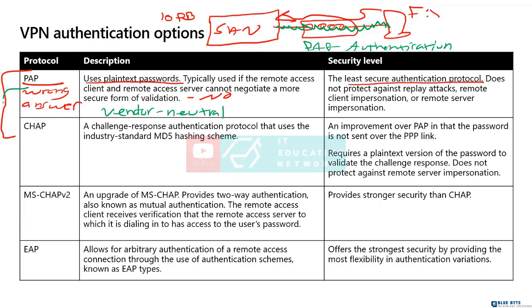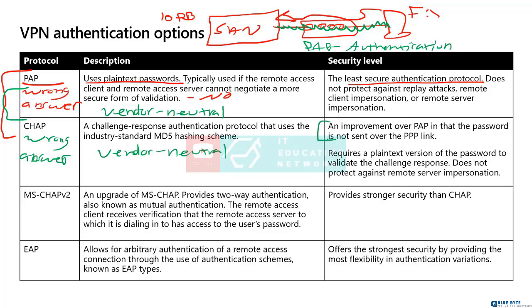So when I say wrong answer, I mean for a VPN client. Never would you use this for an actual VPN client connecting over the internet. The other one that is the wrong answer for a VPN client is Challenge Handshake Authentication Protocol, CHAP. Now this is also vendor neutral, so that they have in common.